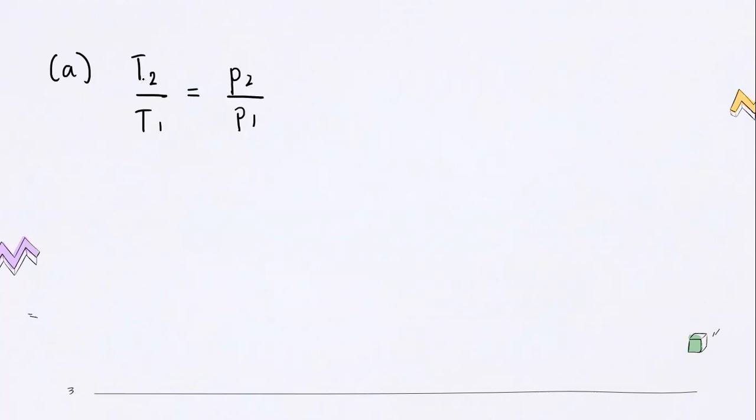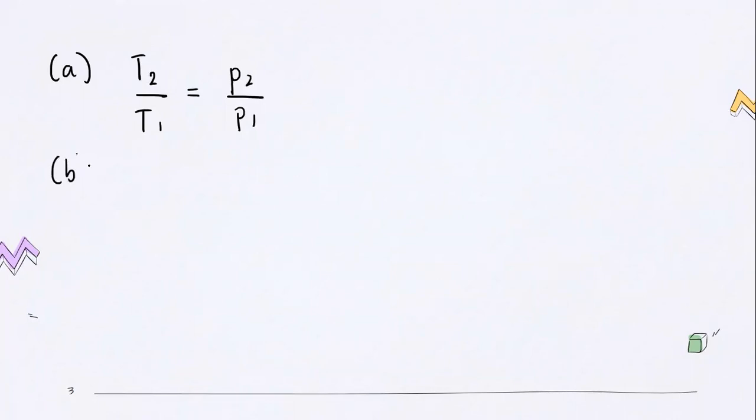While if the given temperature is in degrees Celsius or degrees Fahrenheit, you have to convert it into absolute temperature. Just add 460 to get degree Rankine for degree Fahrenheit, and add 273 to the degree Celsius to get Kelvin.